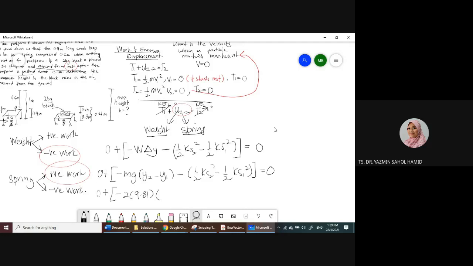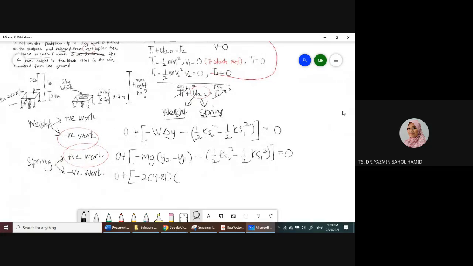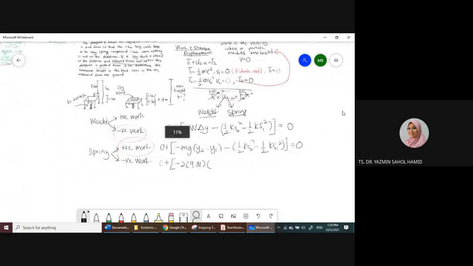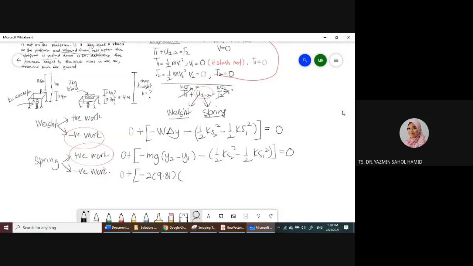What is our Y2? Now we're talking due to weight. When you talk about Y2, you're talking about the final height of the block. So that will be H, because that is what we want to find, guys. Y2 is H, minus Y1. What do you think Y1 is?